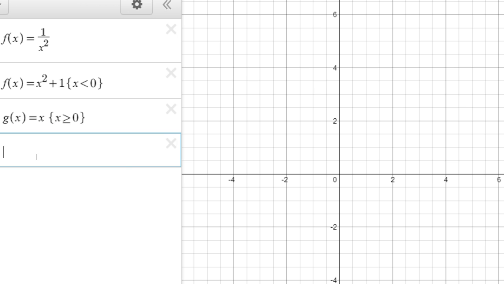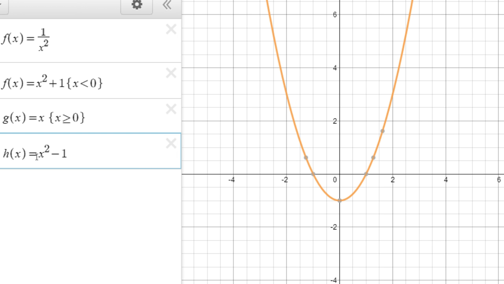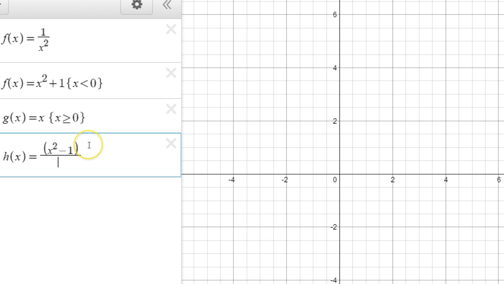One of the more famous ones that you'll see is one of the rational ones. Parentheses divided by parentheses.